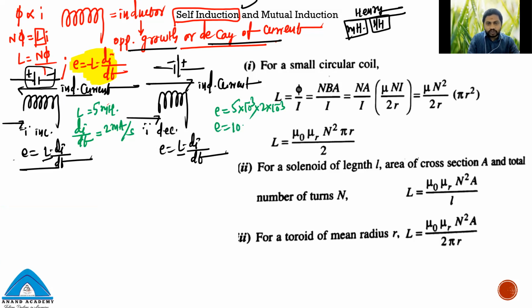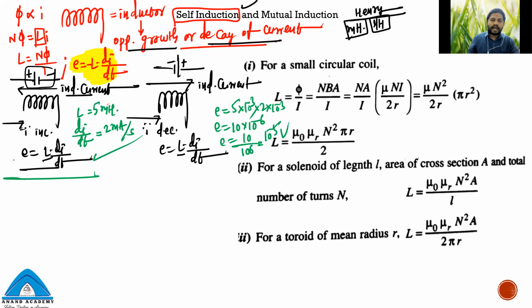So E is equal to 10 into 10 raised to minus 6, that is E is equal to 10 by 10 raised to 6. It is 10 raised to minus 5 volt. So this is how the question will be asked based on induced EMF due to the self-induction phenomenon.